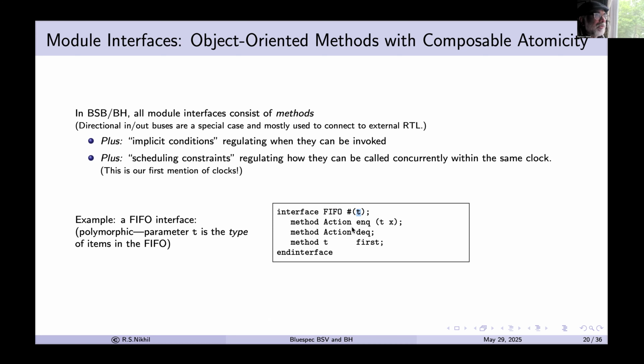It has three methods in this case. An enqueue method, which takes an argument x of type T, and is of type action, which means it performs something in the FIFO, has some kind of side effect. Similarly, DQ takes no parameters and is of type action, so it performs something on the FIFO. And first is a method that is just a pure value method. It returns something of type T, which is the first element in the FIFO.